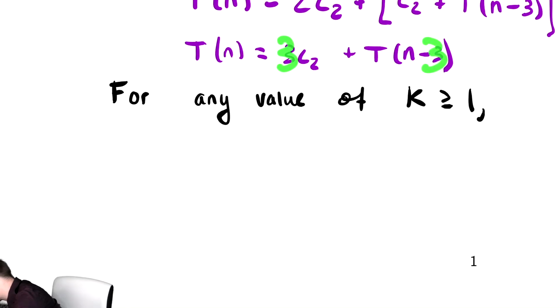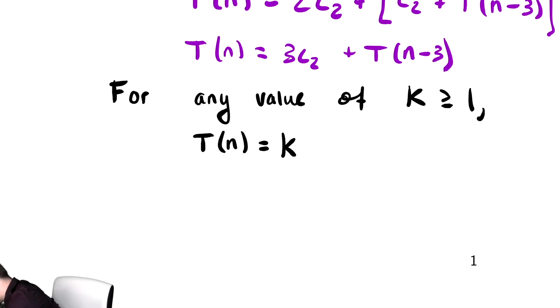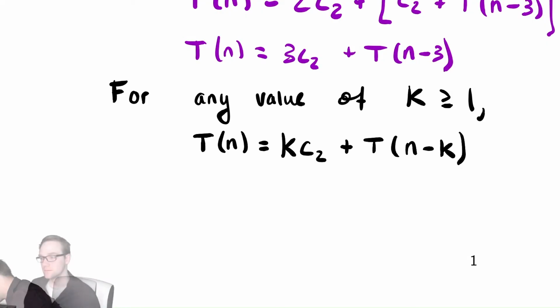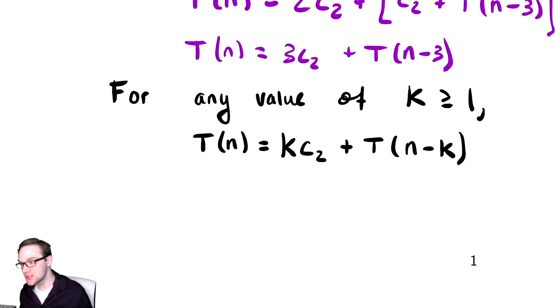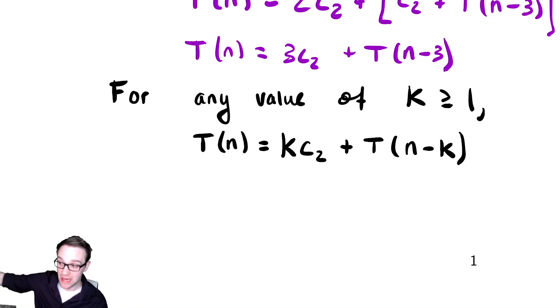So I'm very comfortable conjecturing that T(n) is equal to k times c2 plus T(n-k). So I now have an expression with a variable that says that for any number of times I repeated this process, plugging back in and plugging back in, I could do this any number of times and get this expression.